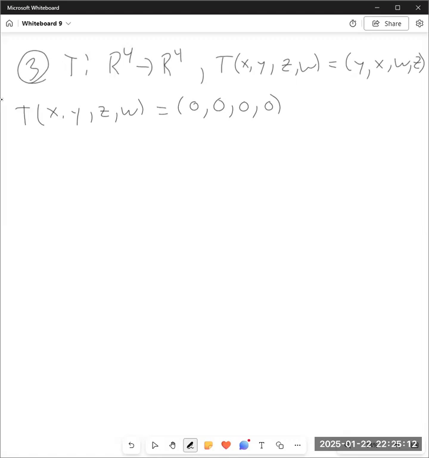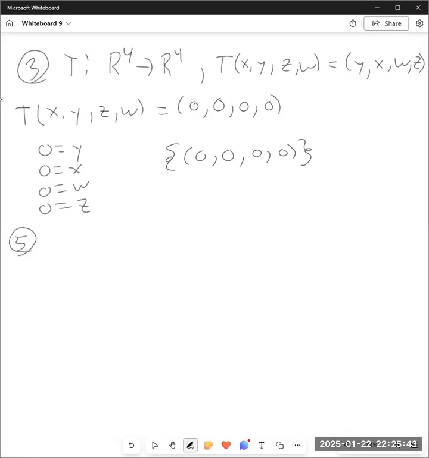So that means that 0 equals Y, 0 equals X, 0 equals W, 0 equals Z here. So that makes my kernel the set of all X, Y, Z, W. It's going to be 0, 0, 0, 0, the 0 vector in R4 is my kernel.